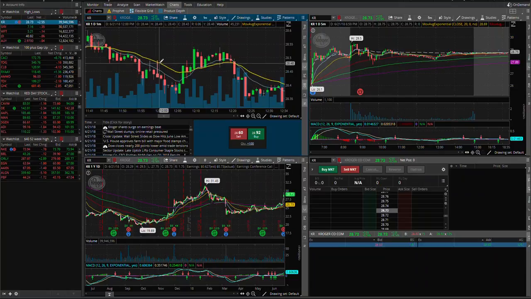So this is the longer time period, and as it crosses over right here, that is what is called the dead cross, and that signals a strong downward trend.